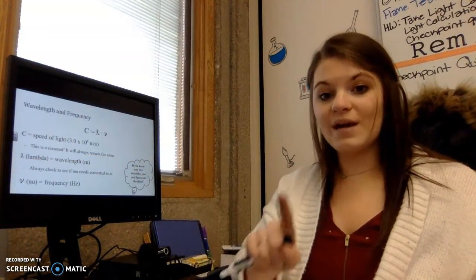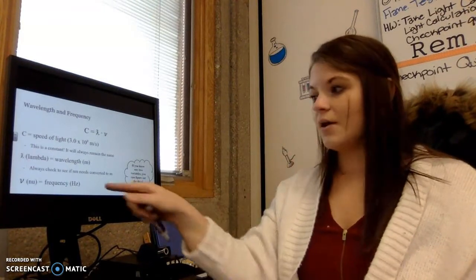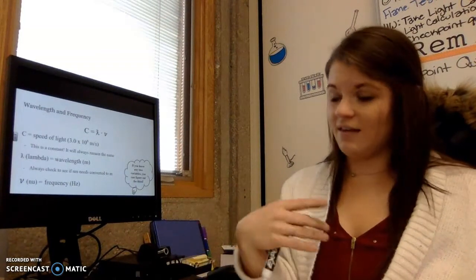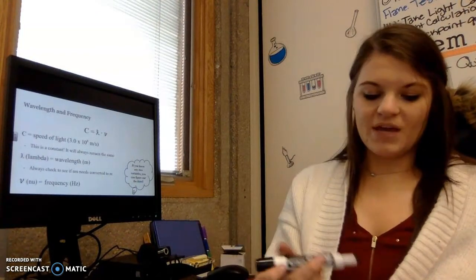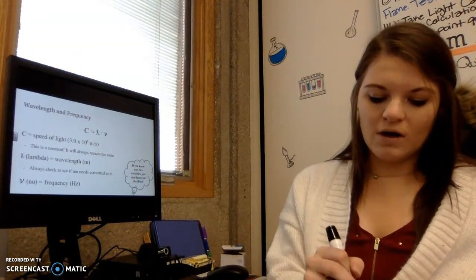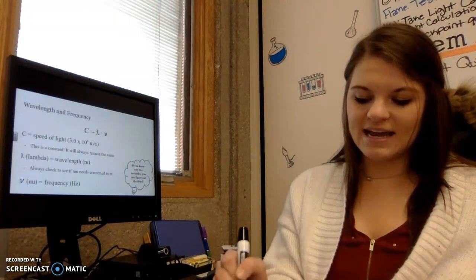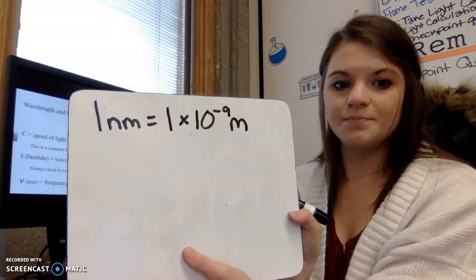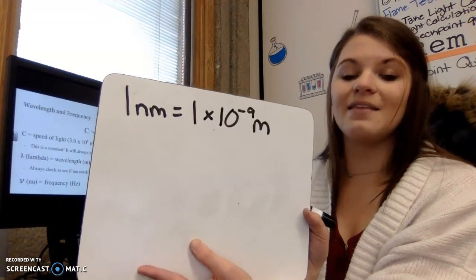The thing about wavelength in this equation is we always need it to be in meters. If it is given to you in nanometers, which we know is another way that we can measure wavelengths, you need to convert that to meters. We know that 1 nanometer equals 1 times 10 to the negative 9th meters.